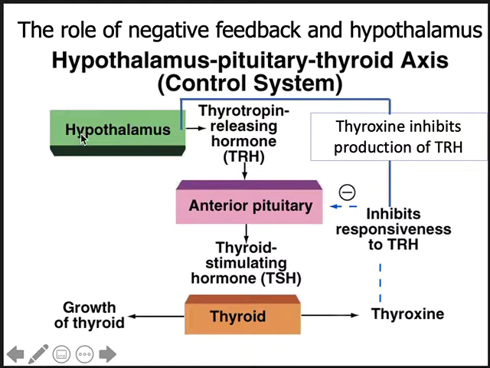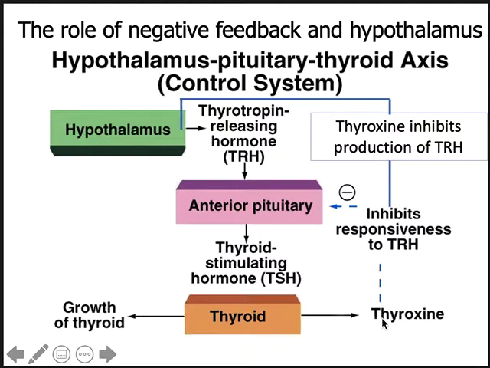So even if the hypothalamus continues to secrete TRH, when you already have high levels of thyroxine, the anterior pituitary is not going to listen to TRH, okay? And the high levels of thyroxine will also tell the hypothalamus to stop releasing so much TRH, okay?